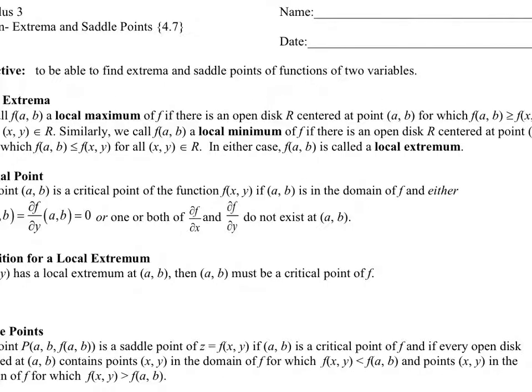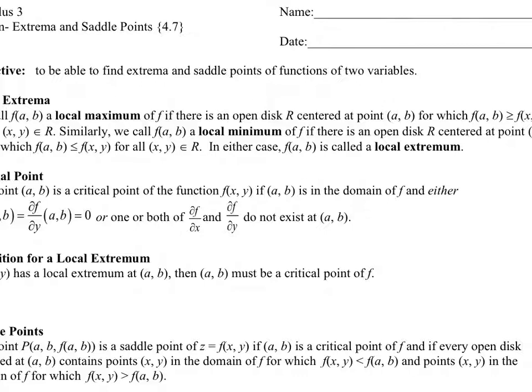So what we get from this is that the partial with respect to x and the partial with respect to y have to both be equal to 0, or one or both of the partials do not exist at that point. So the point itself has to exist, but the partials don't have to exist.